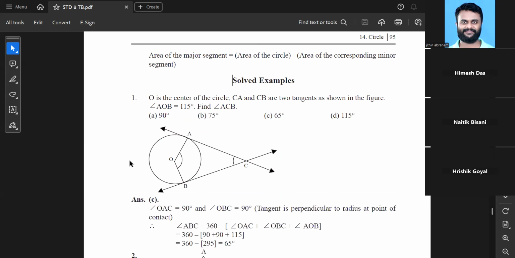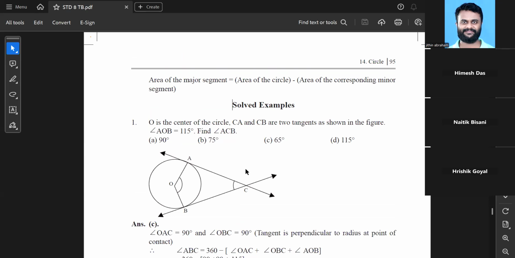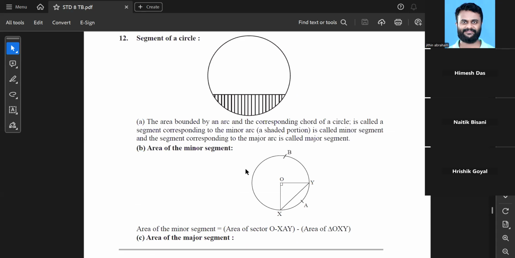Sir, I didn't understand the concept of major segment. Means how we can draw the major segment. So one, you should remember that segment is what? Once you draw a chord, whatever is the area between the chord and the arc is called a segment.